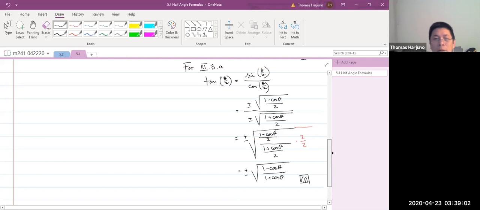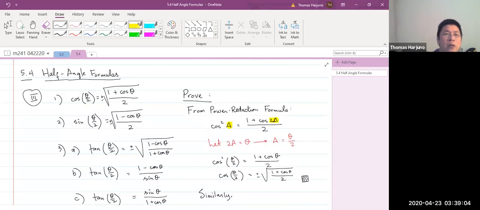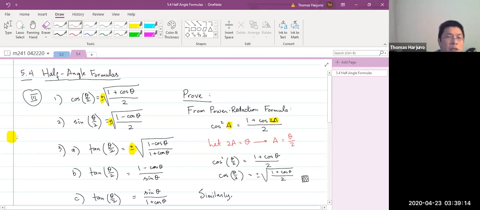Now, the first three formulas here have the plus minus sign, which means we need to adjust this with the quadrant.